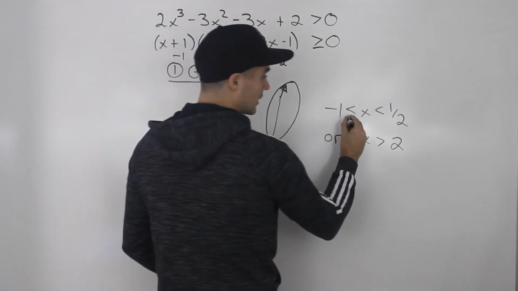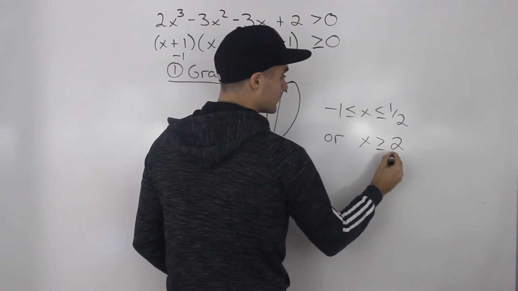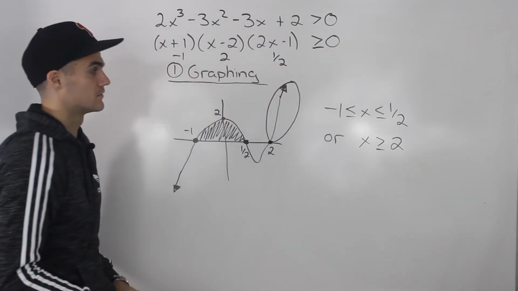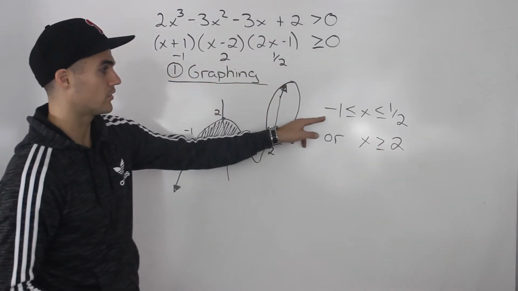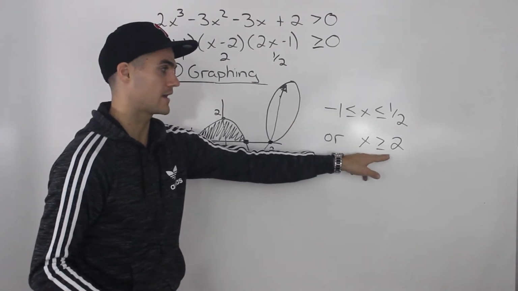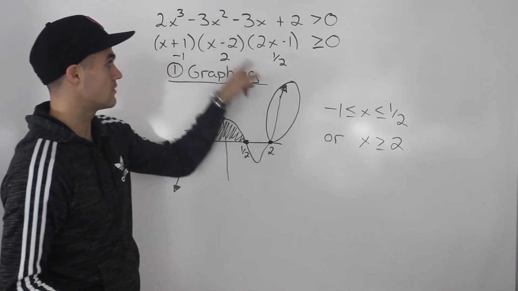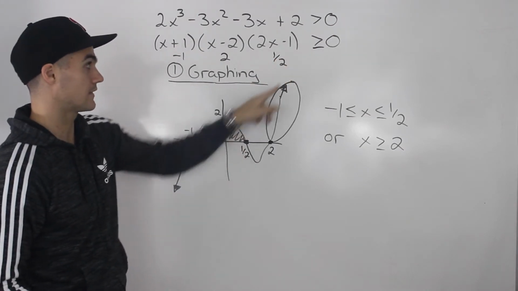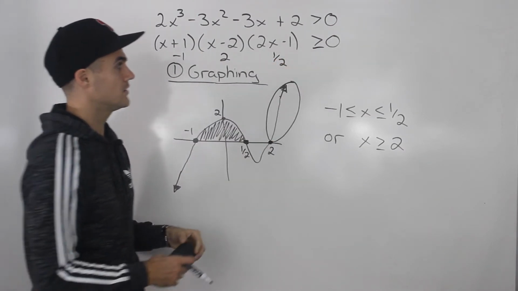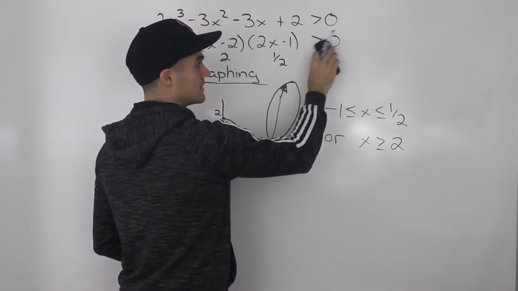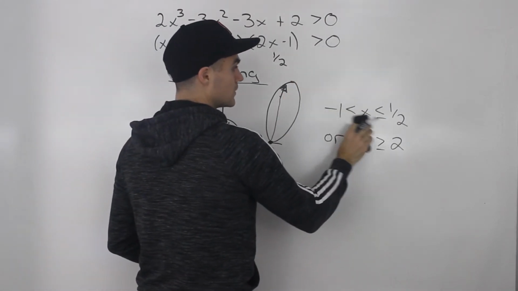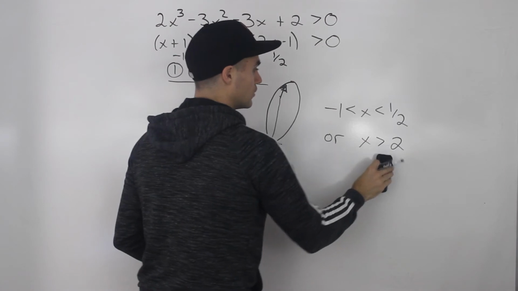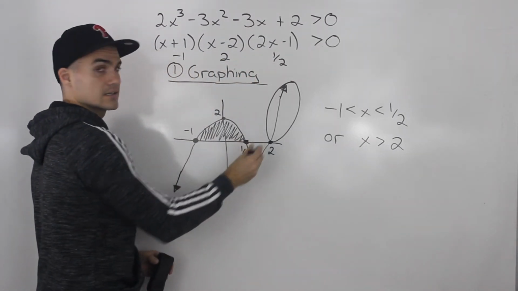So we would have to include those values in our answer, right? Because at that point, -1, at that point, 1/2, at that x value of 2, this polynomial is equal to 0 as well, and they are asking that. But because they only asked us when is it greater than 0, we don't include those x-intercepts.